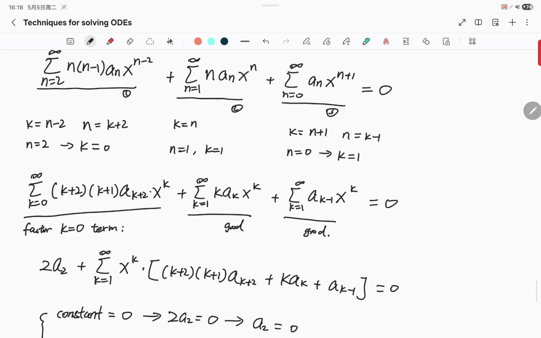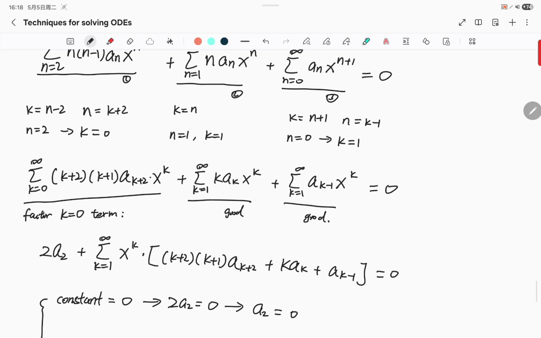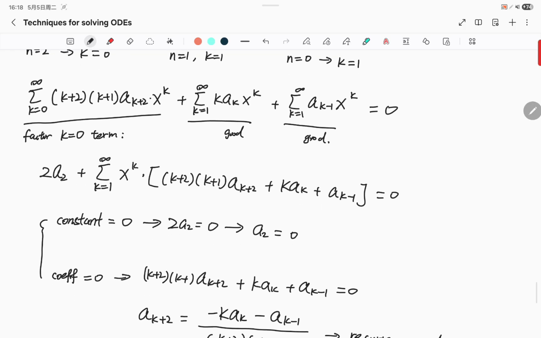right? So I also need to factor out k equals 0 because we see that k equals 1 for the other two series. So we're gonna bring the first term out from the k equals 0 series. Why this one? Because if we bring the first term out, then the next term is gonna be k equals 1.